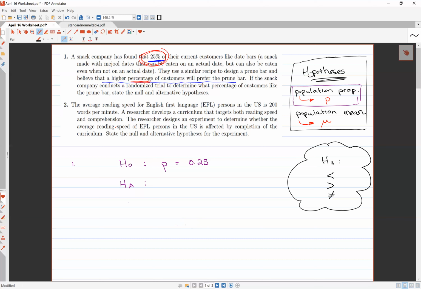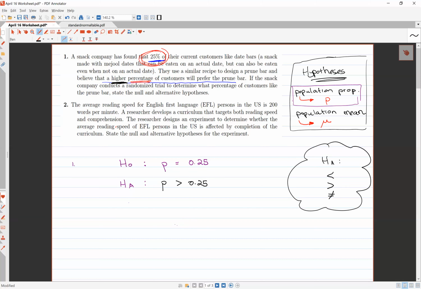In this case, if you read the second sentence, it says they designed this prune bar and they believe that a higher percentage will prefer the prune bar. So the alternative says this proportion P, it is now higher than 25%.